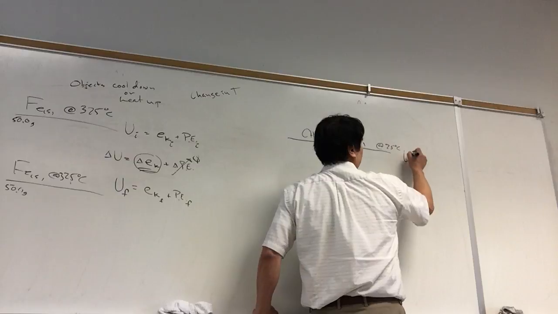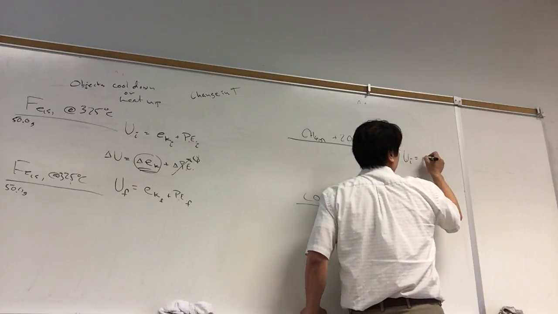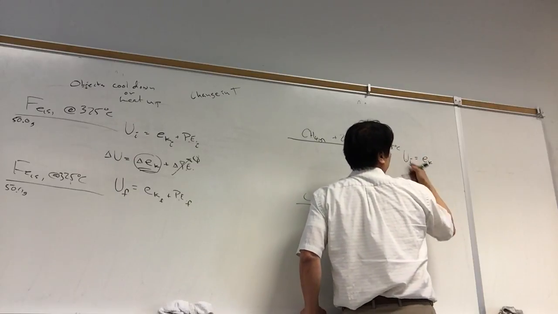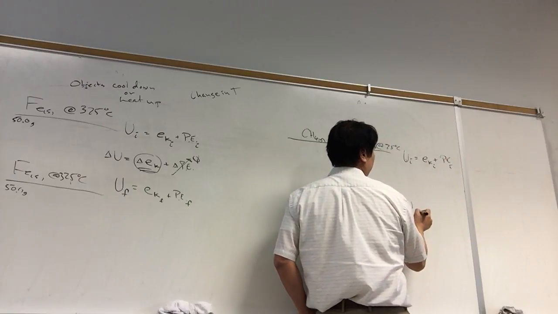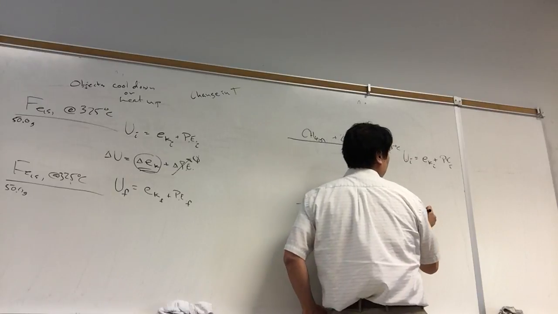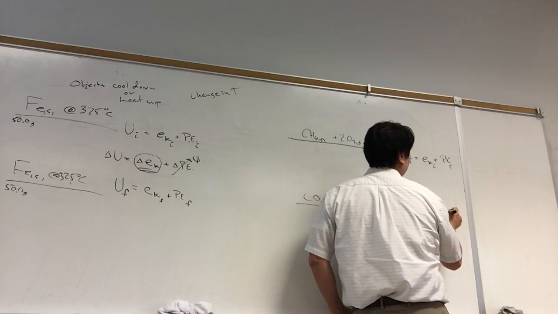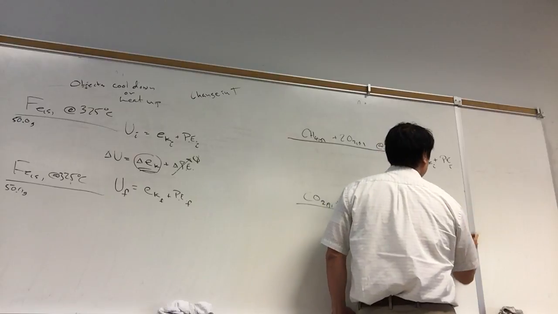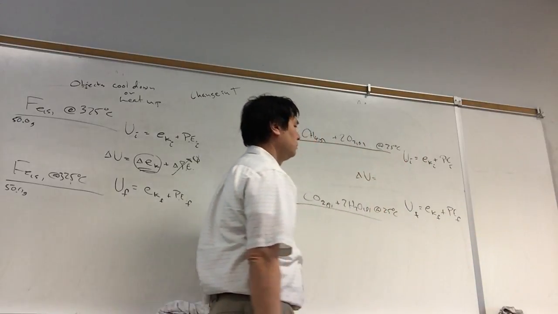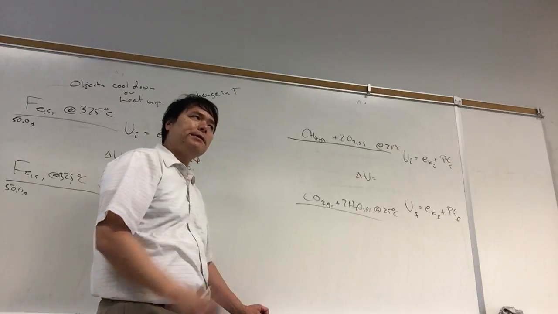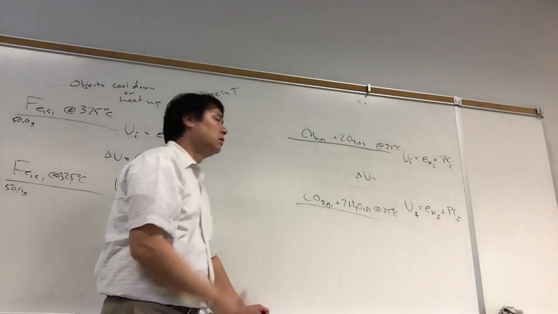Now, the initial internal energy is going to equal the kinetic energy, which is related to the temperature, 25 degrees C, plus the potential energy, initial. The final internal energy will equal the kinetic energy final plus the potential energy final. And so when we calculate delta U, the change in energy here, internal energy is called the total energy.